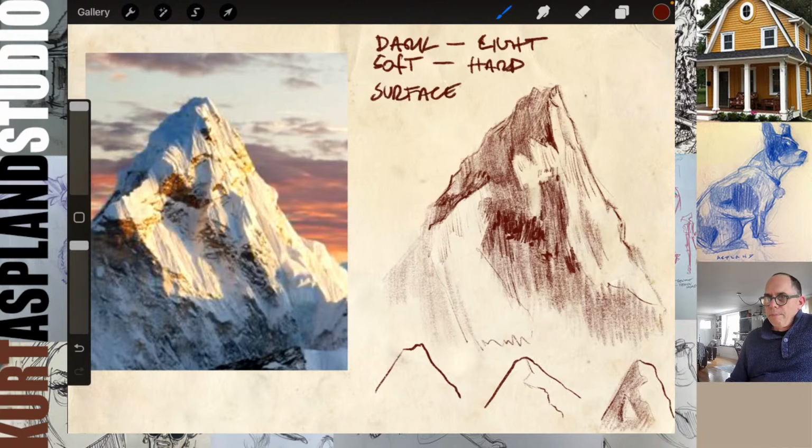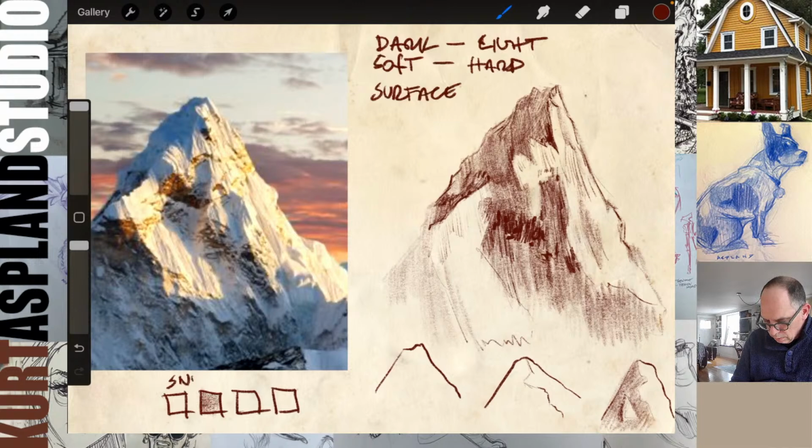All right. And then we go into detail and we make sure that a mountain, generally speaking, has 4 tones. You have the snow that's in the direct light, and then the snow that is in shadow.